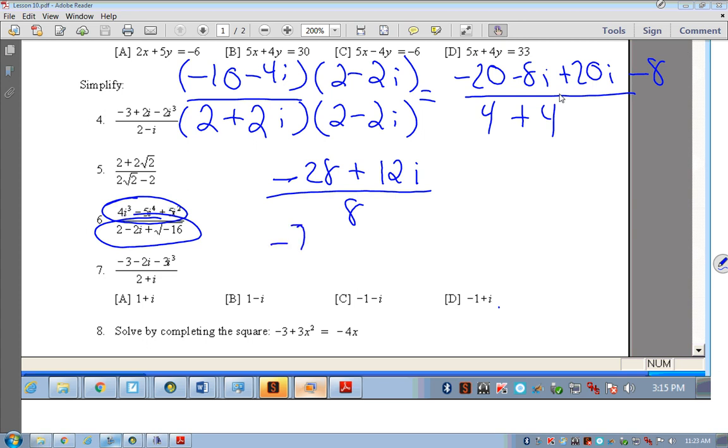Negative 7 over 2. And what? 12 fourths, or sorry, 12 eighths. That would be what? 6 fourths, 3 halves. So plus 3. So it should be negative 7 plus 3i over 2. And it works because I get the same denominator. If I'd gotten different denominators, I would have had to split it. Okay? Does that make sense on how to do that? So that's rationalizing the denominator.